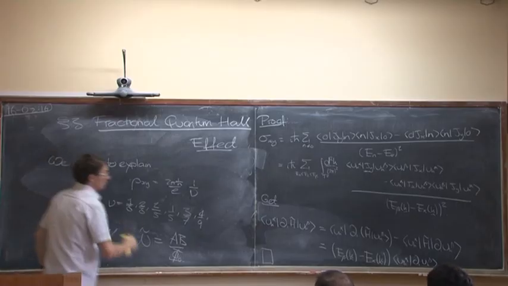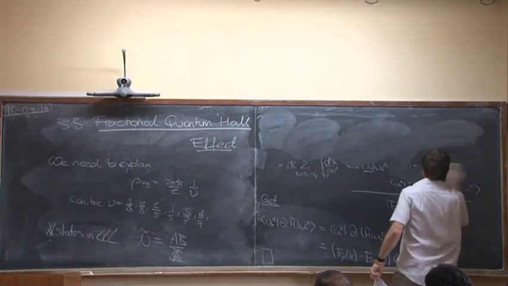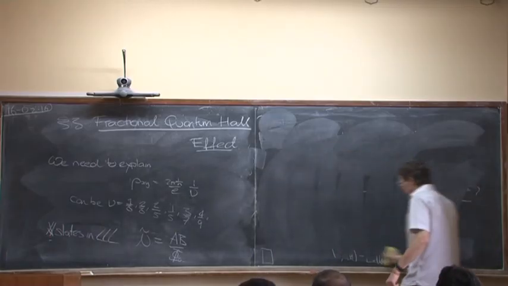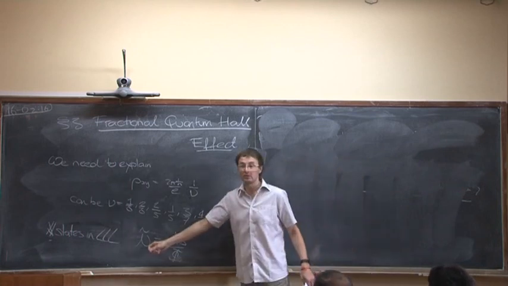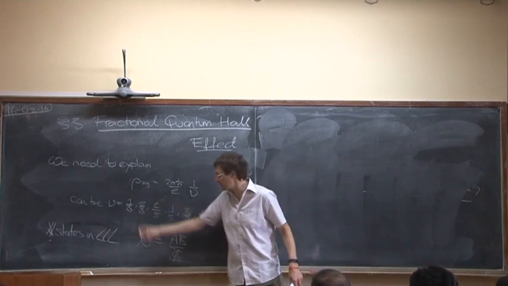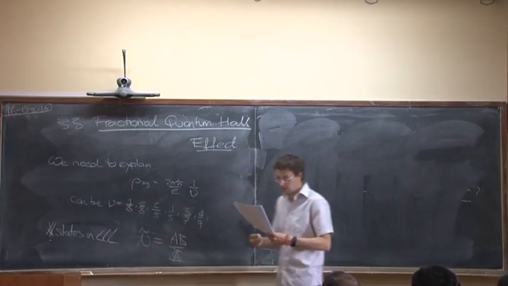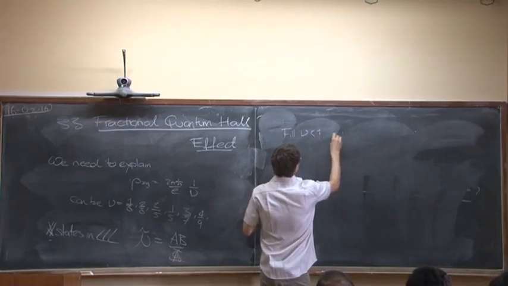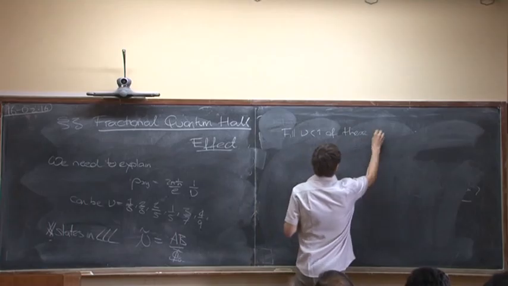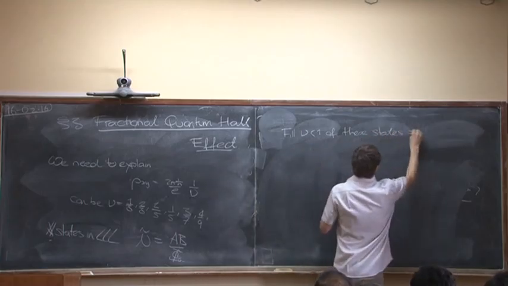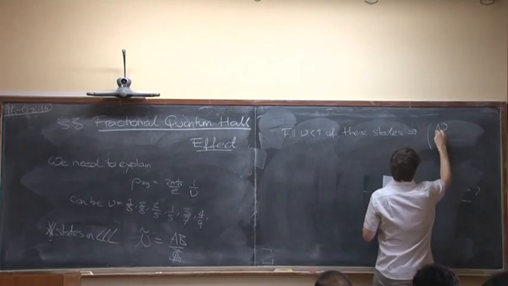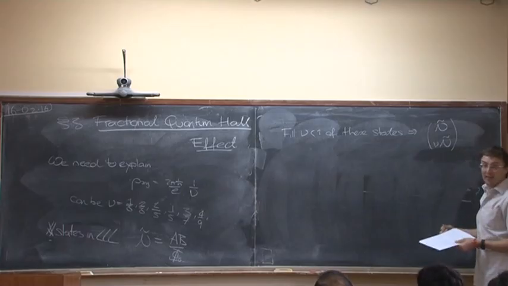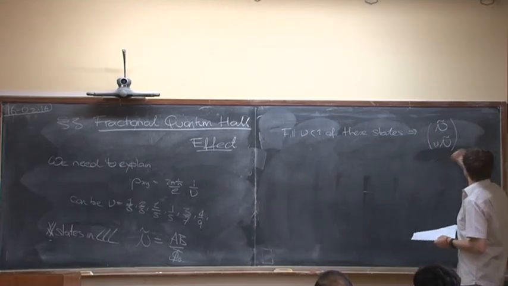Meanwhile, if you're in one of these fractions, this, from what we've seen before, is the fraction of states in this lowest Landau level that would have been filled. So if you're in the fraction nu = 1/3, it means that 1/3 of these states have been filled. So we're filling nu less than 1 of these states. And the number of ways to fill a fraction nu of N tilde states is the following.